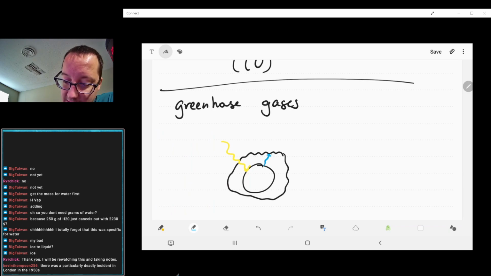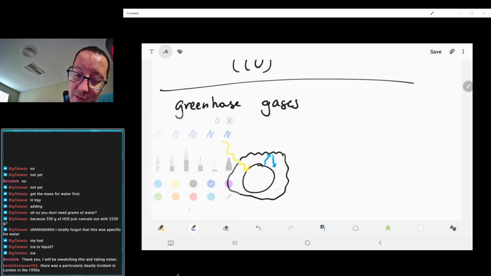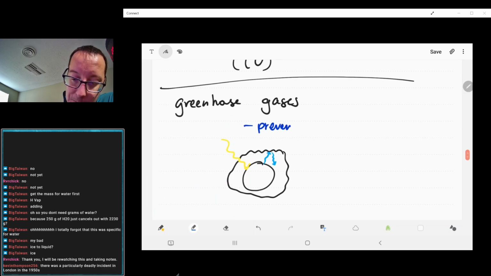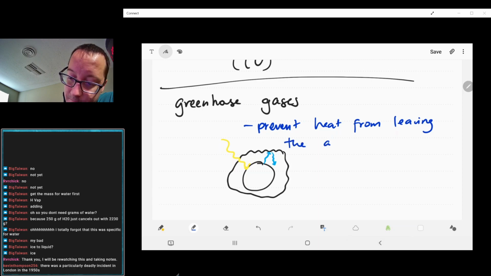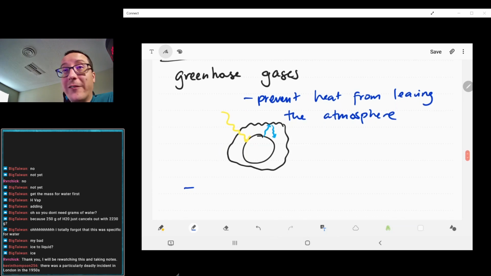However, these gases prevent heat from leaving. They can absorb the heat and re-emit it back down towards the Earth. And essentially what they do is they can prevent heat from leaving the atmosphere. And oddly enough, the most prevalent greenhouse gas is water.